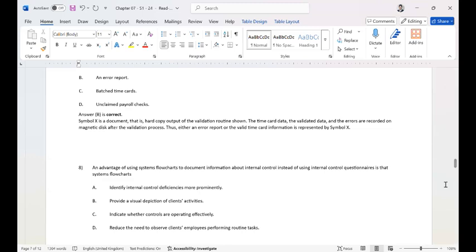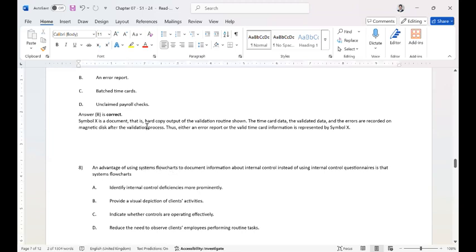Number 8. Question number 8. An advantage of using system flow charts.